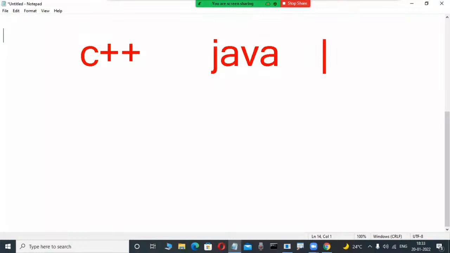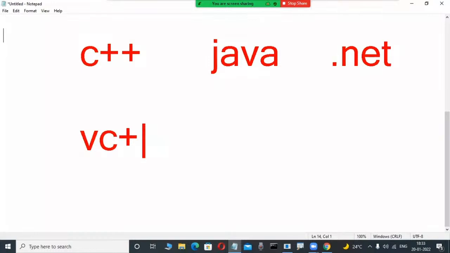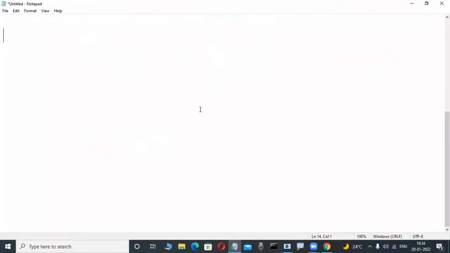C# .NET is an object-oriented language. VC++ is an object-oriented language. So many object-oriented languages are there. Suppose I take two languages as an example. Through them, the same concepts exist, and similar concepts let us observe whether these SQLs are different or the same.